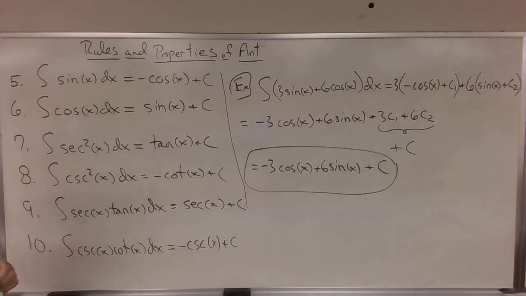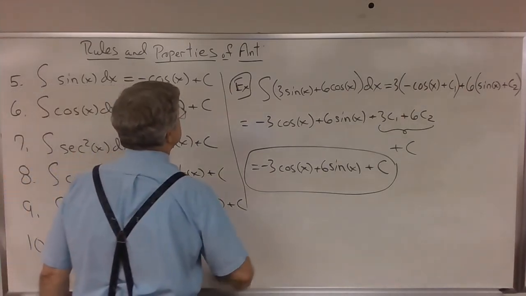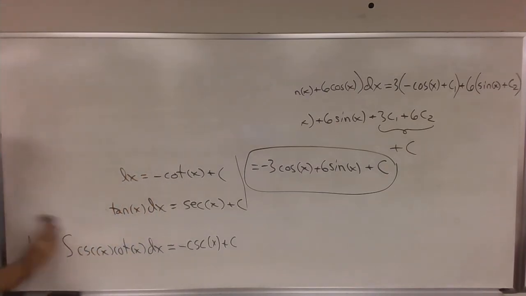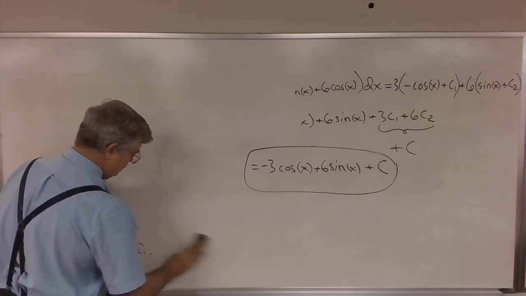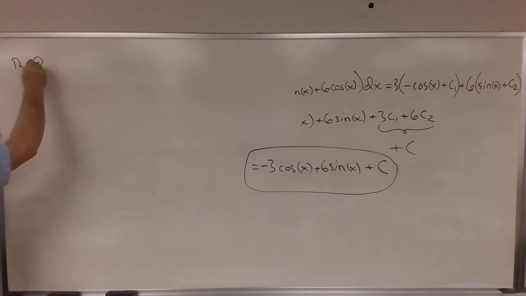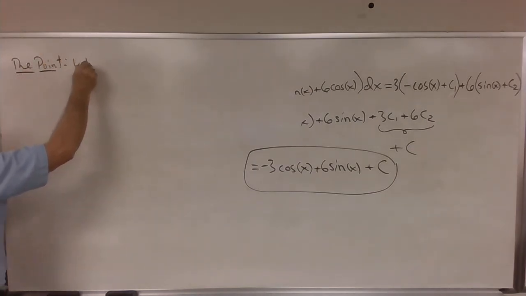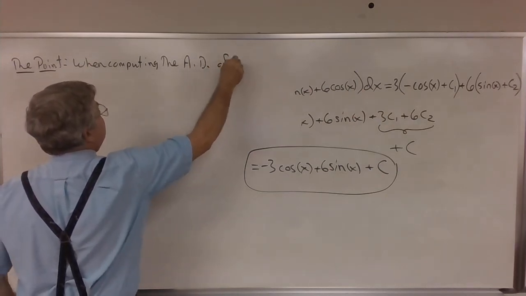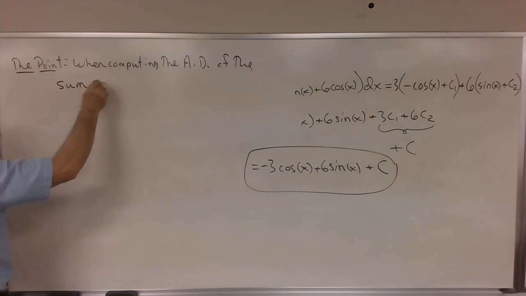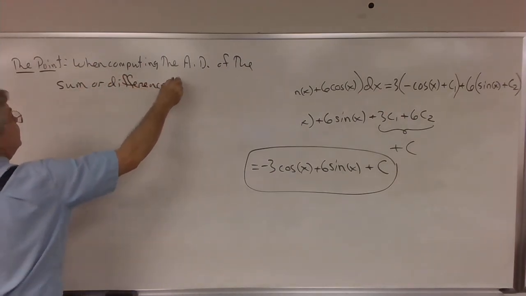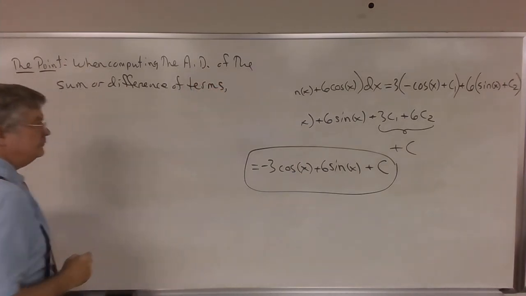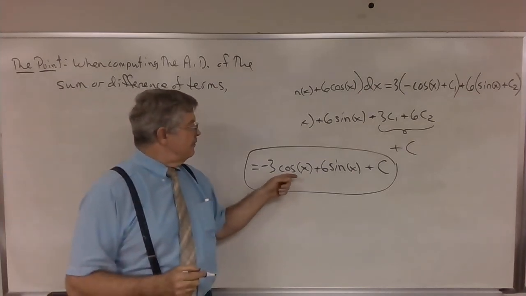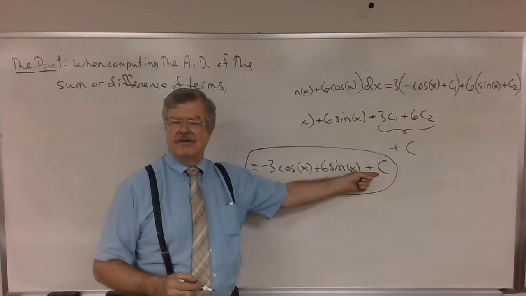And there's a point to be learned here. When we're computing the antiderivative of the sum or difference of terms, compute the antiderivative of each term and then just add one constant of integration to the end.